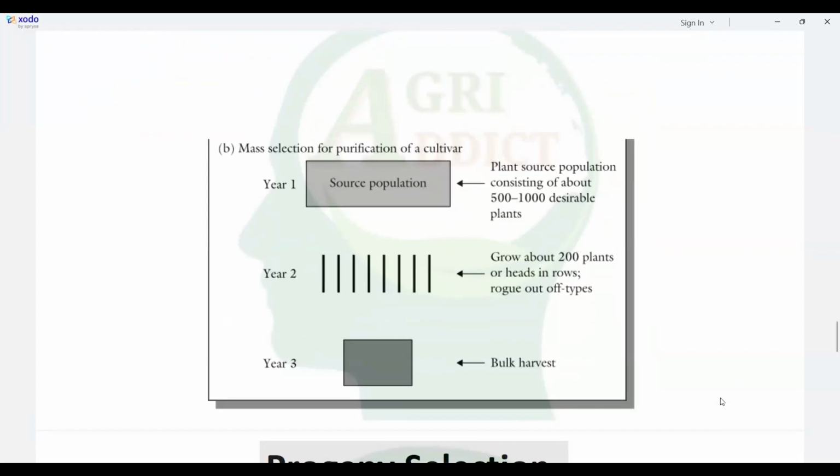From the source population onwards, you need to see which are the off types and remove them, and forward only the true to type plants. Similarly, in the next year, identify the true to type ones, remove the off types, and forward. So ultimately, you will obtain the purified variety, right?